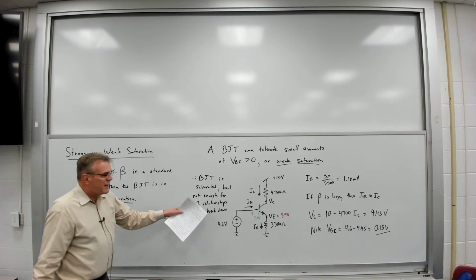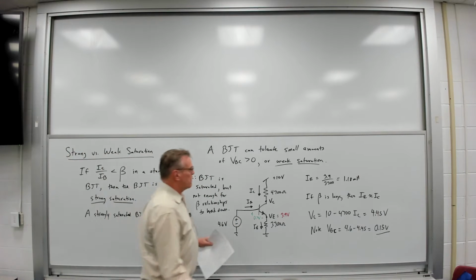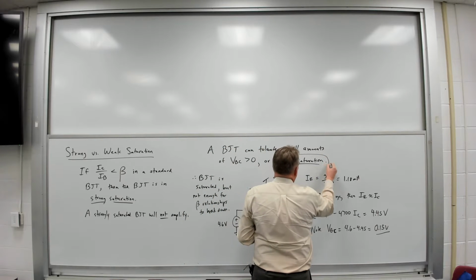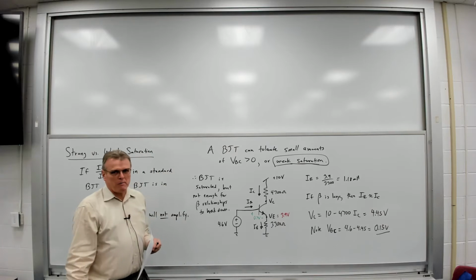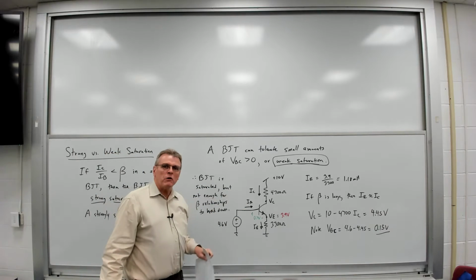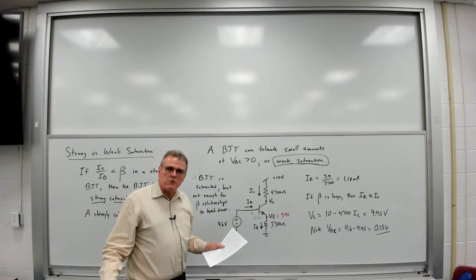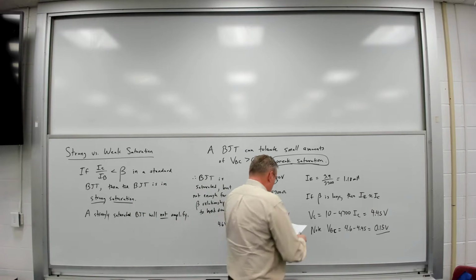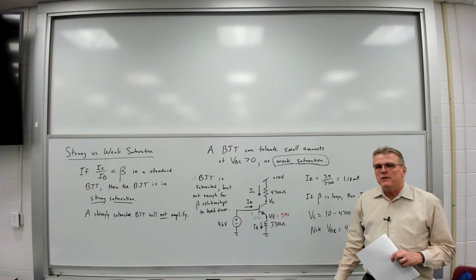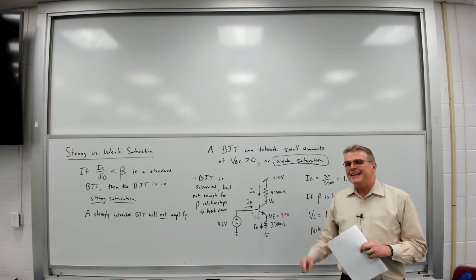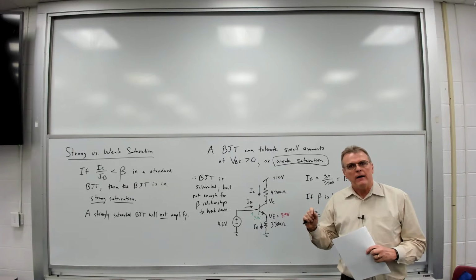In other words, this is weak saturation. The base collector junction is slightly forward biased, but I can still get a reasonable answer. The beta relationships still work. Now, this weakly saturated transistor can still function as an amplifying device.